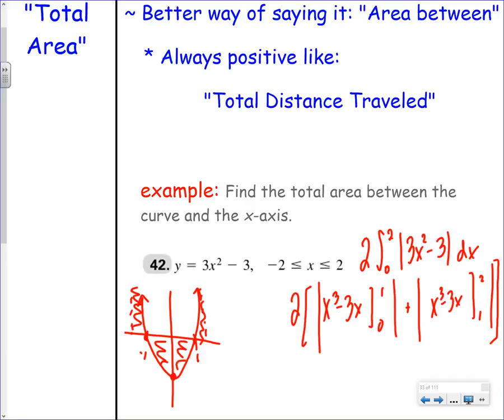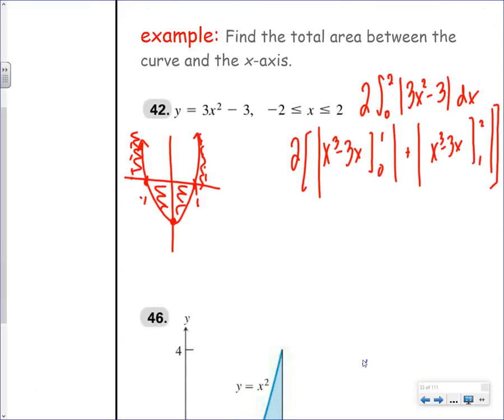Because remember how we do absolute value is we split it up at any zeros, especially if we know the sign has to change. If we don't visualize the picture, we just split up at the zeros and then we take the absolute value of the entire integration. Corey's already done. 1 minus 3 is -2, minus 0 is -2, but absolute value? 2. Positive 2. That's the integral from 0 to 1.